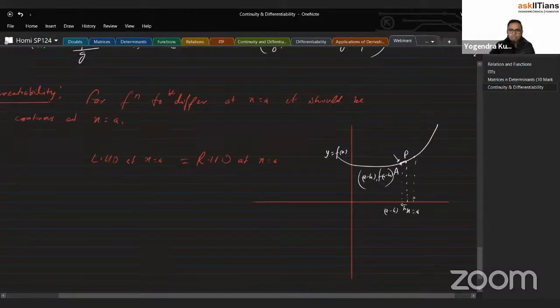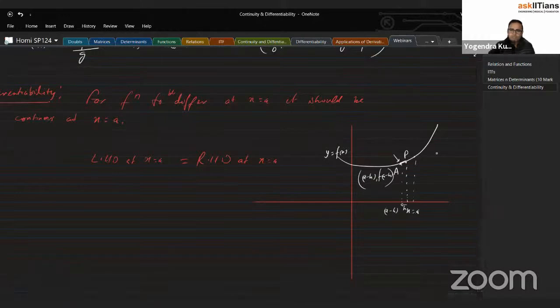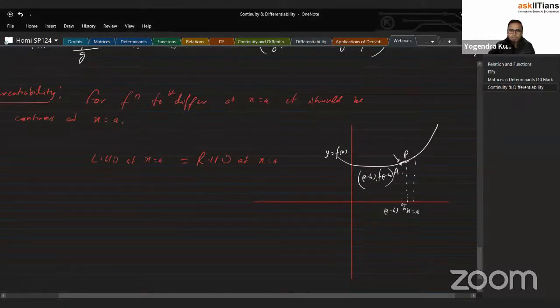Similarly, I need to go ahead to decide for RHD. The coordinates of this point B are a, comma, f of a. Going h units further, it will be a plus h, comma, f of a plus h.